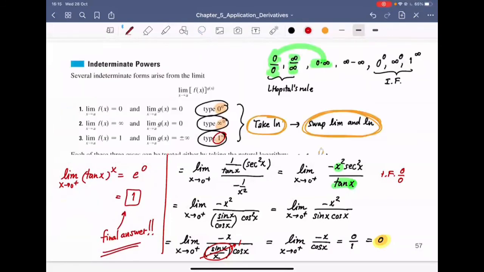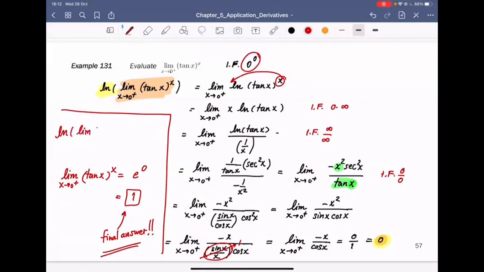Here, you have log of the limit of tan x to the x, where x goes to 0 plus. This is 0. But the thing that you want to find is the thing that I highlighted in orange, right? Log of the orange thing equals 0, which means the orange thing here is going to be e to the 0, which is 1.